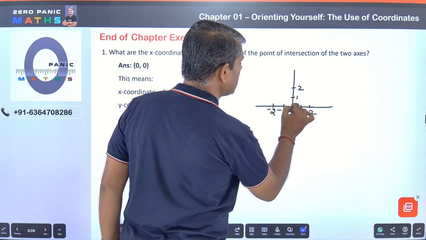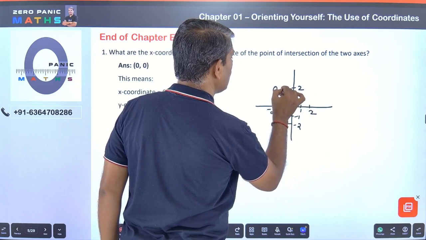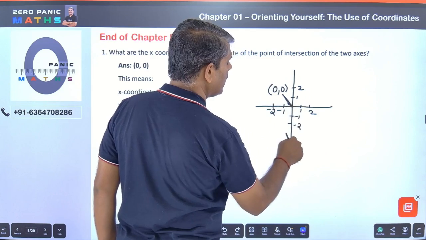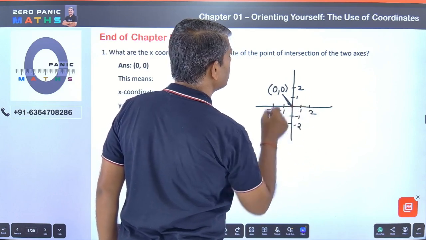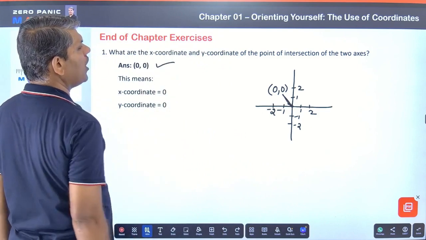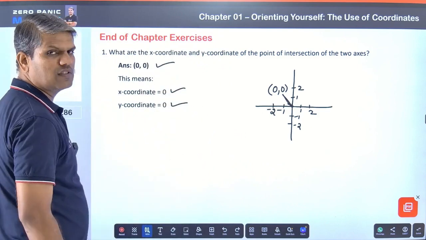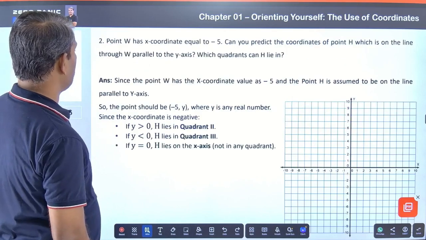When they meet, the point will always be 0 for the x-axis and 0 for the y-axis, because one coordinate 0 meets vertically and one coordinate 0 meets horizontally. So the x coordinate is 0 and the y coordinate is also 0. This is a simple question. Let us move to the next question.